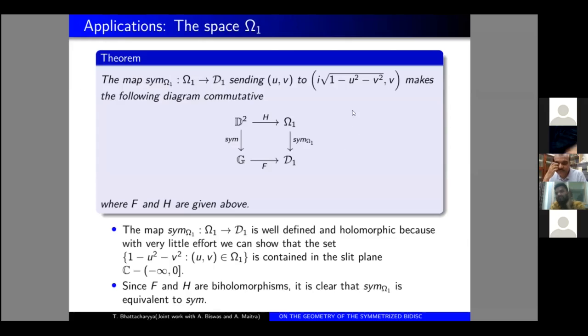So you made a comment, and I want to make a comment on the comment. You said that key to determining this novel symmetrization was knowing from Isayev beforehand that the bidisc and omega-1 are biholomorphic.